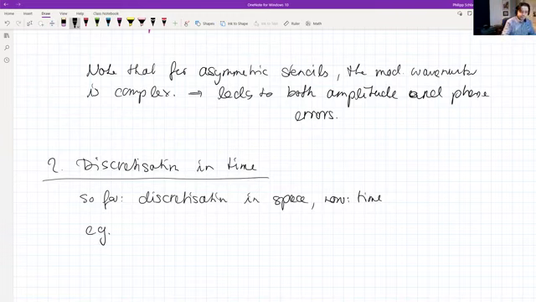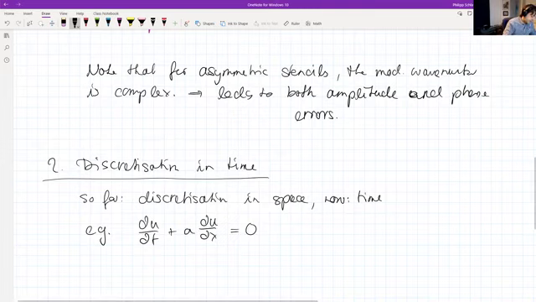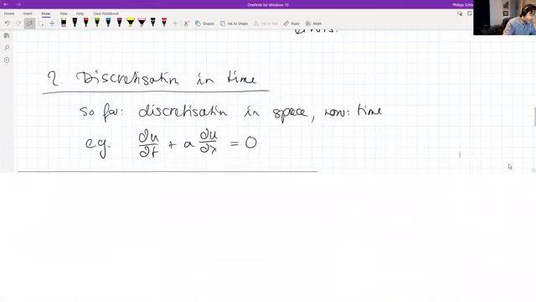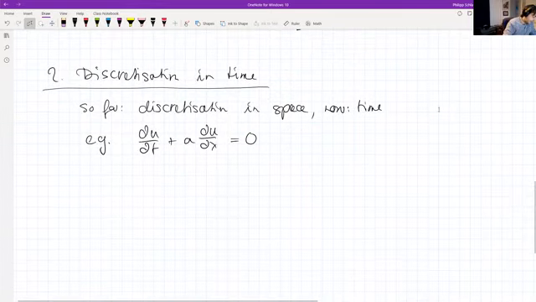But let's just start with a very simple example. If we take a differential equation, our linear wave equation, the advection equation, something like that, then we have seen that so far we could approximate the space derivatives with finite differences in space.